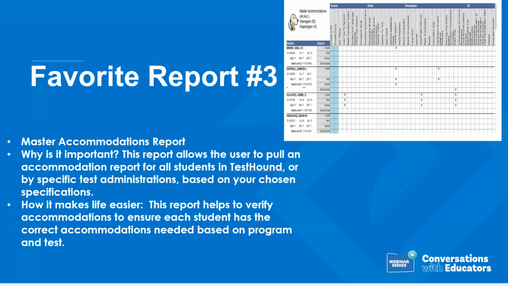This report is filterable. If you want to look at only a specific special population, only a specific grade, or even a specific type of accommodation, you can filter it down. It allows the user to pull an accommodation report for all students in TestHound, again, by these specifics.